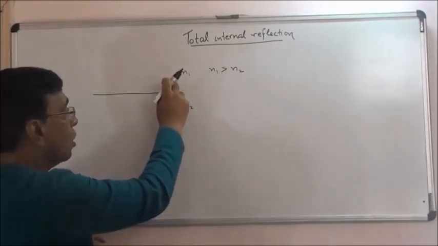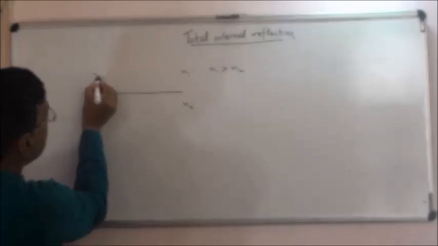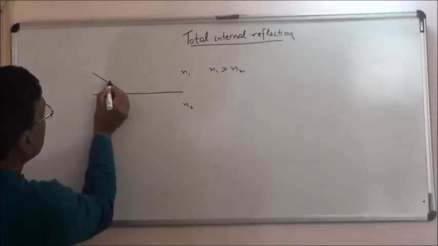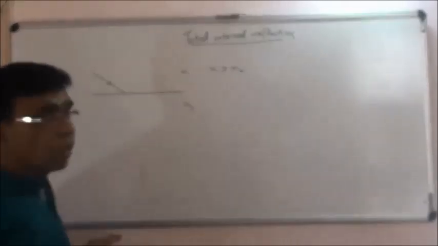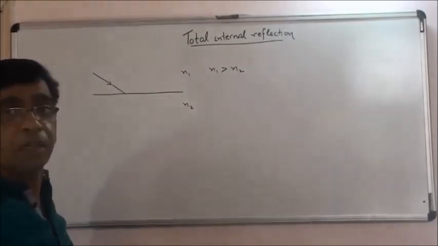So this may be water, air, maybe glass, air, something like that. And consider a light ray falling on this surface which is separating the two mediums of different refractive indexes.